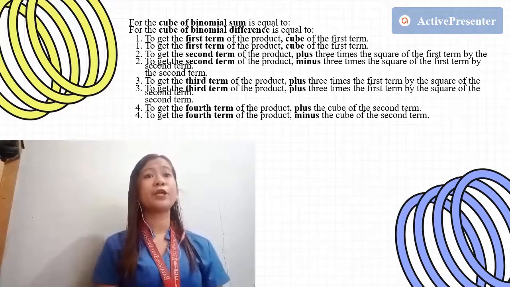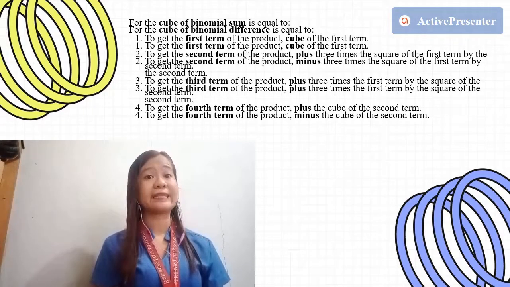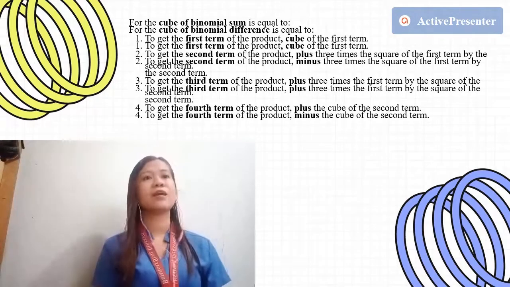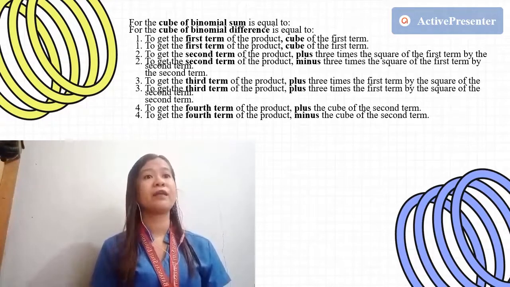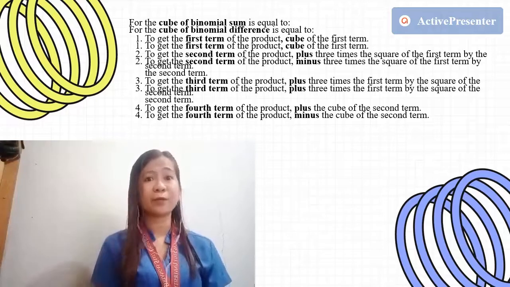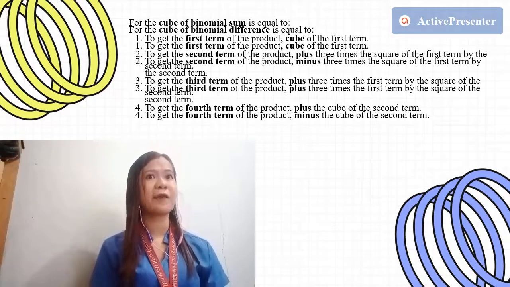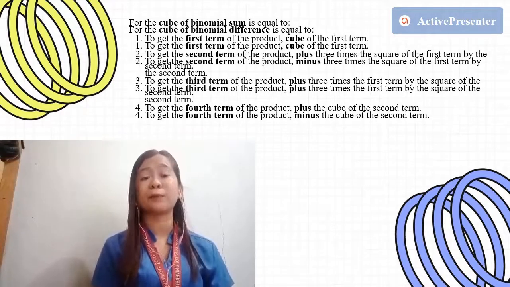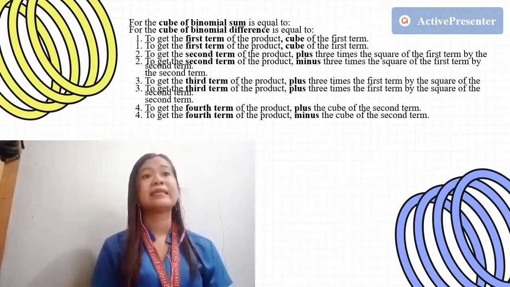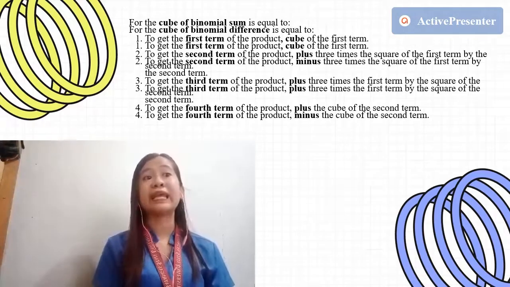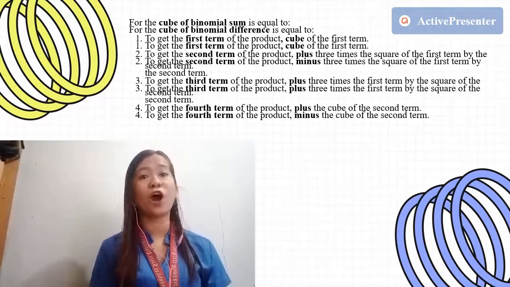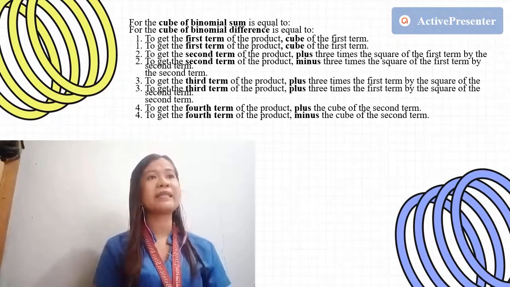For the cube of a binomial, here are the steps that we have. First, to get the first term of the product, cube the first term. Just getting the cube of the first term. Second step, to get the second term of the product, plus 3, always put a plus, then 3 times the square of the first term by the second term.